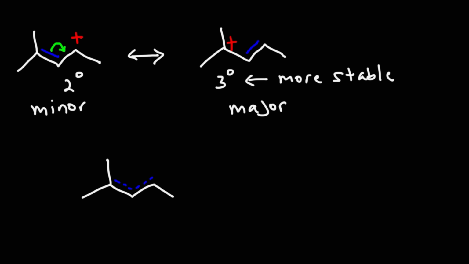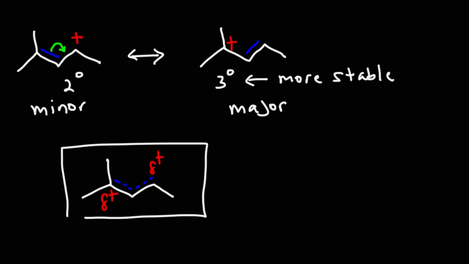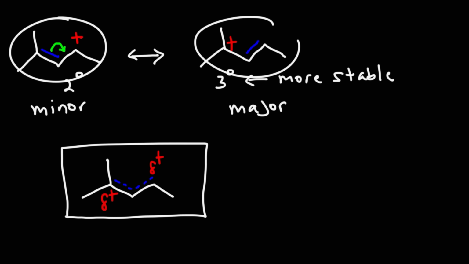So in actuality, the pi bond is shared among those 3 carbon atoms. Now the plus charge is shared between this carbon, the tertiary carbon, and the secondary carbon. So this would represent the resonance hybrid of these 2 resonance structures.